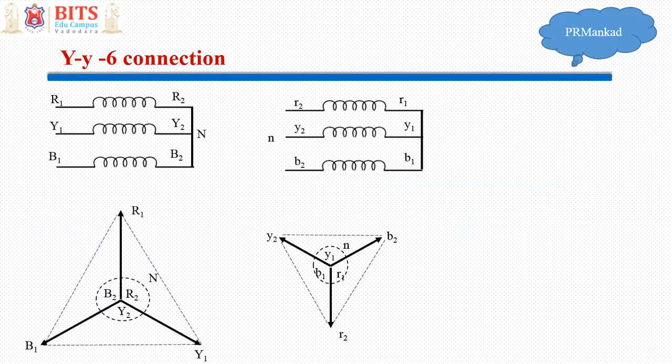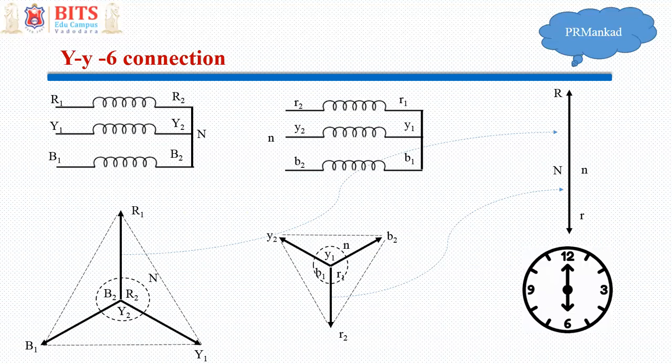If I pick up the R phases only, you can see the R phase of the primary as a minute arm and the R phase of the secondary as an hour arm gives me a 6 o'clock situation. So this is the connection where you have a 180-degree phase difference between primary and secondary, and that's why it is called star-star 6 connection.